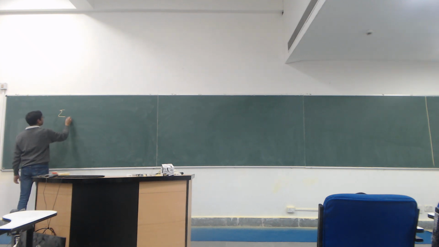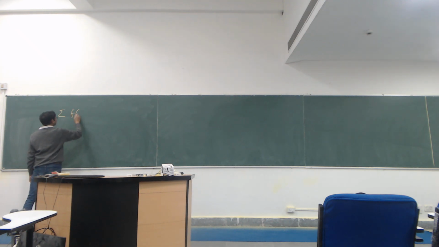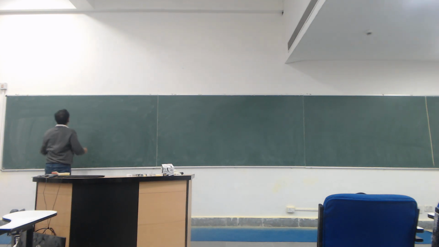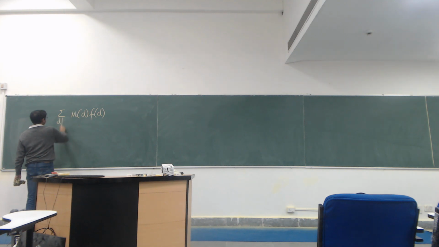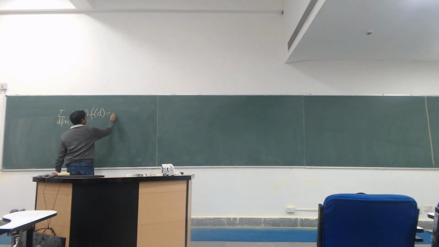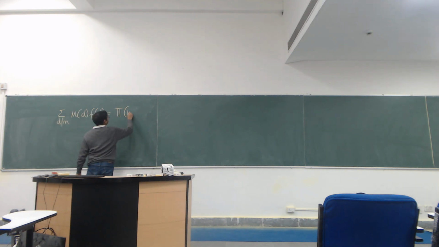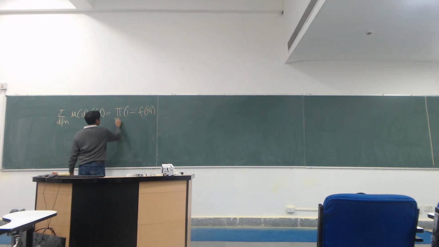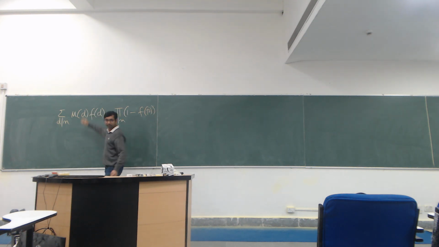This summation over d dividing n of mu(d) f(d) is the product over p dividing n of 1 minus f(p), whenever f is a multiplicative function.